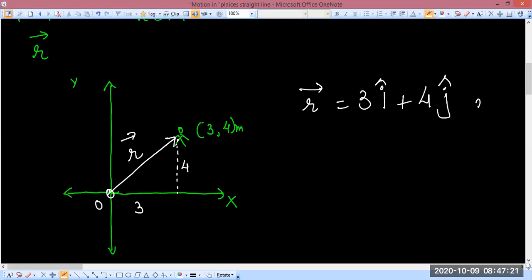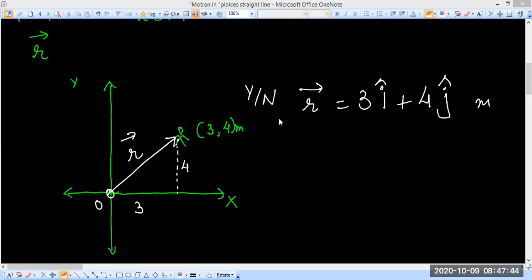Say yes or no. Okay, this is a clear-cut case of components, isn't it? This is the x component 3 and this is the y component 4.